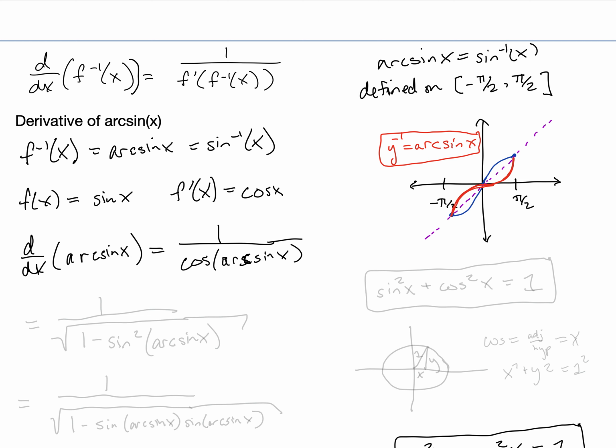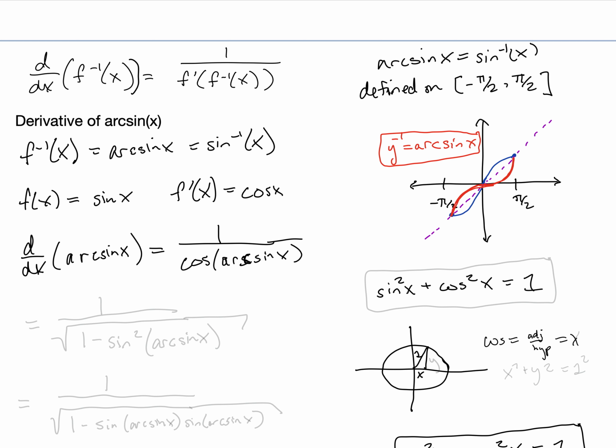One thing that we know is that sine squared x plus cosine squared of x is equal to 1. Why is that true? Remember way back when we talked about trig functions and the unit circle and all that stuff, for the unit circle, cosine is the same thing as x, the side length of our triangle, because cosine is the adjacent over the hypotenuse when we're talking about a unit circle.